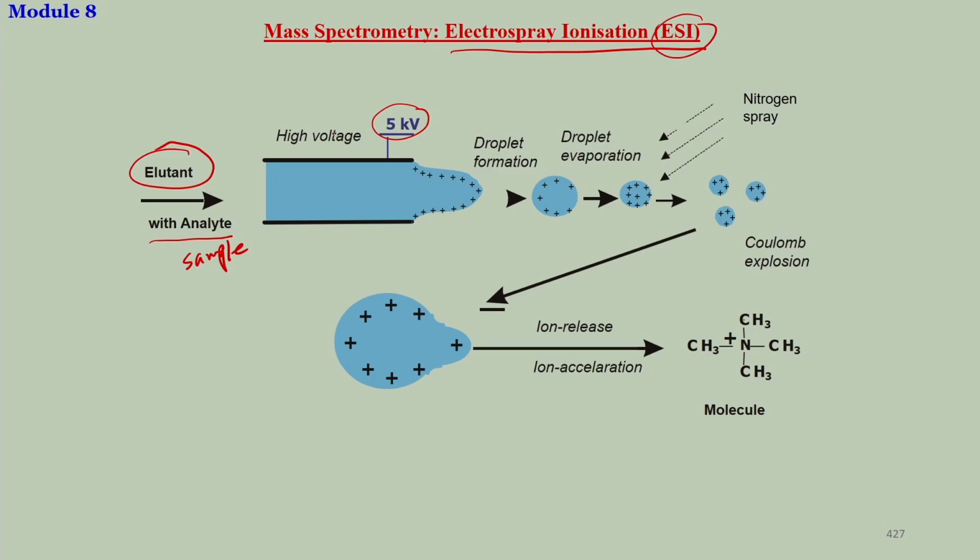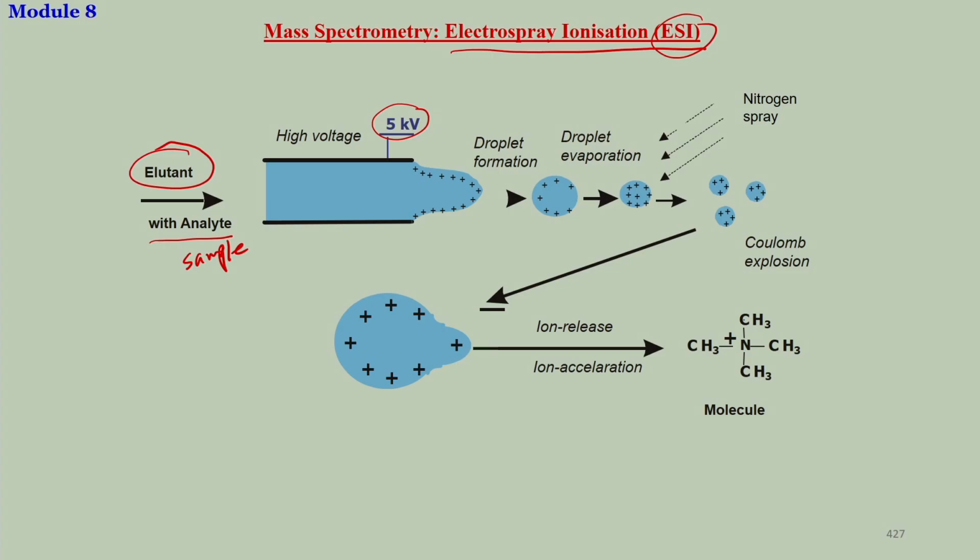So, when you apply plus voltage, you basically make positive charge of your molecules, and then it will move slowly and then form a droplet. The droplet contains the solvent as well as your molecules that are positively charged. So, this is basically electrospray, because you are making a positive charge by spraying the voltage.